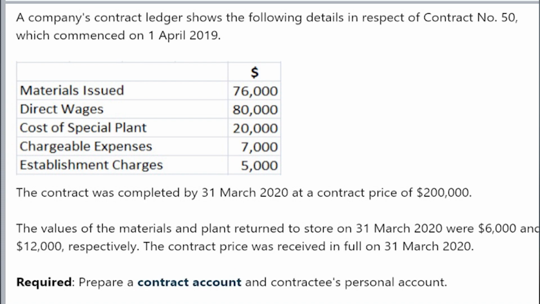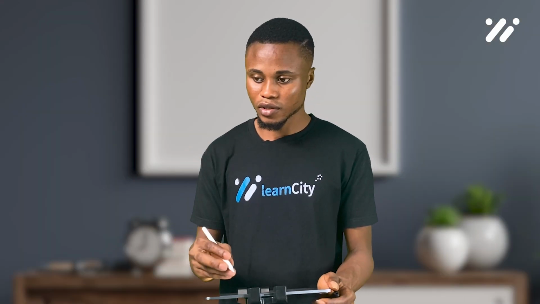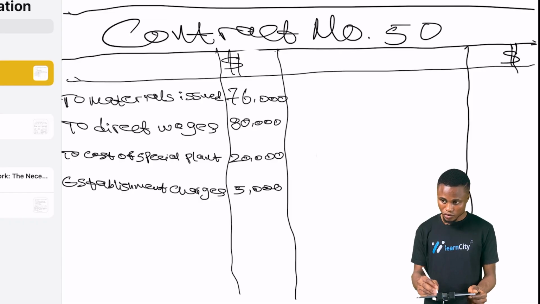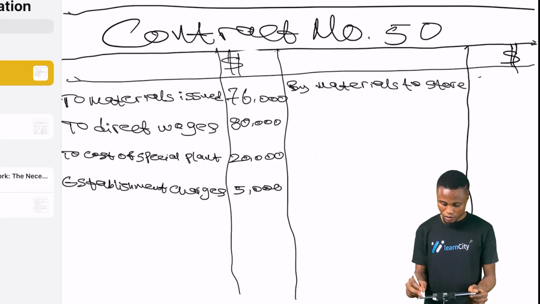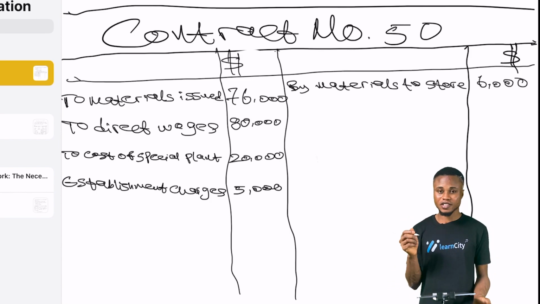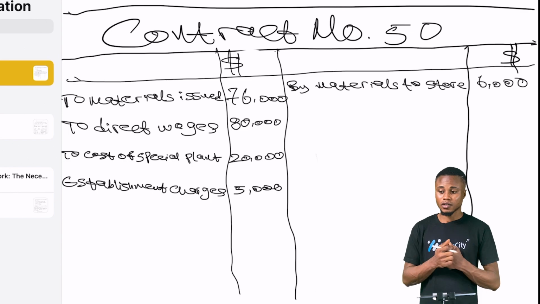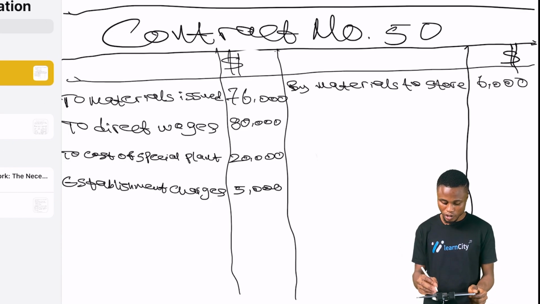Of course, we have to prepare the return. So the materials being returned to store will be the first one, which is $6,000. Materials to store, $6,000. And the second one that they said respectively is the value of plant returned to store, which is $12,000.